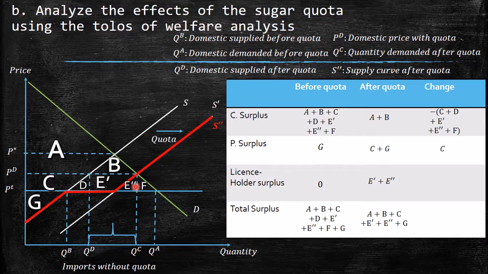So here we have producer surplus, they are better off by C, and the license holder surplus is E prime plus E2 prime. As a conclusion, you see how the total surplus would be less by D and F, which is the consequence of a quota, the dead weight loss. So in total, they are worse off.